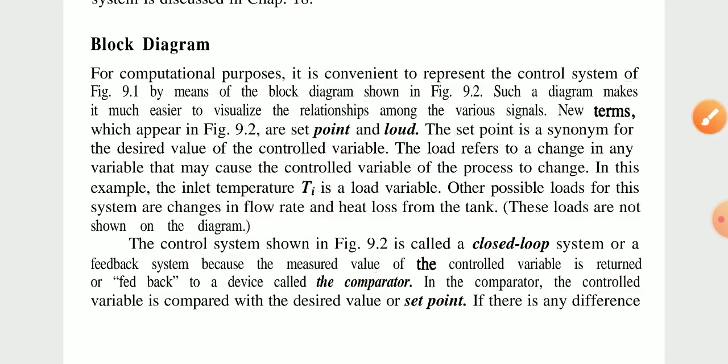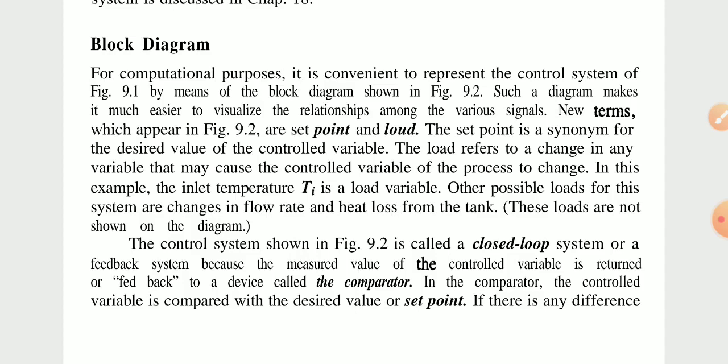It is a closed loop system or a feedback system because the measured value of the control variable is returned or fed back to a device called the comparator. In the comparator, the control variable is compared with the desired value or set point.